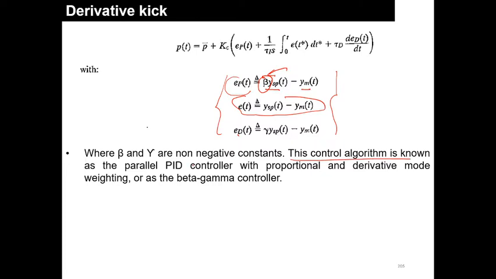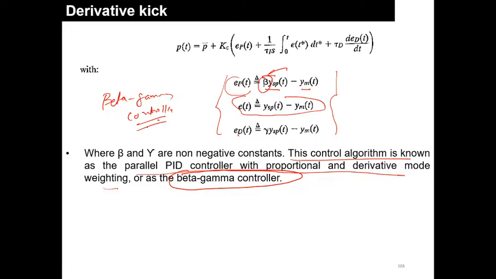This control algorithm is also known as parallel PID control with proportional and derivative mode weighting, or sometimes the beta gamma controller. Very important, beta gamma controller. Is it clear?